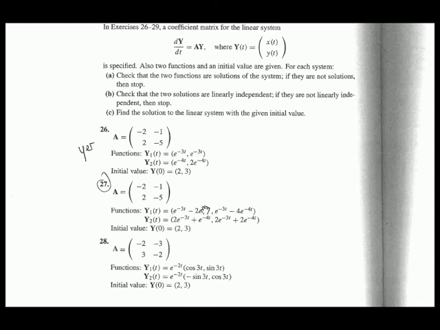And once you verify that they're solutions and they're obviously not just multiples of each other, then you can write the general solution as a y1 plus b y2, and plug in t equals 0 and set that equal to vector 2, 3, solve for a and b, and you've got the specific solution. So if you could somehow come up with two independent solutions, you'll have the general solution and you can satisfy any initial conditions, but we don't know yet where those solutions come from.